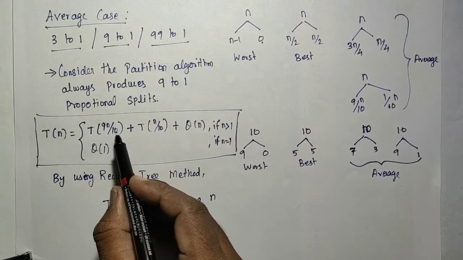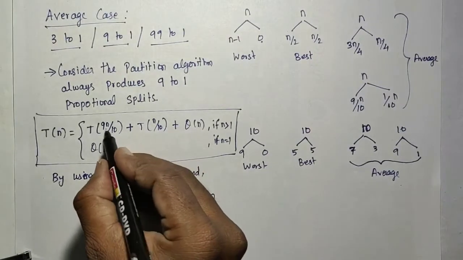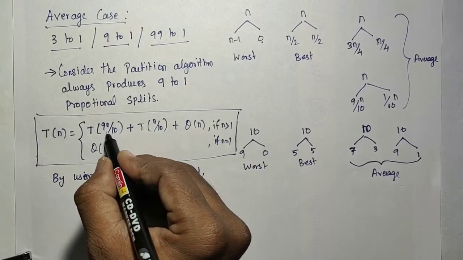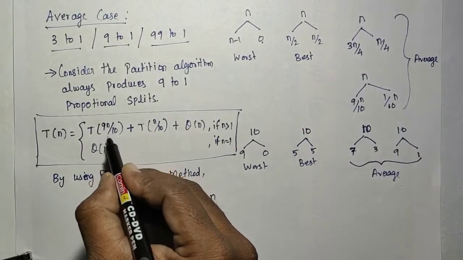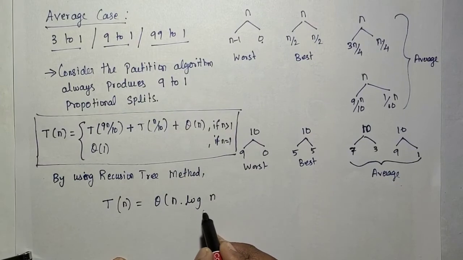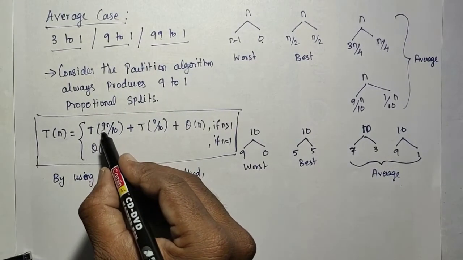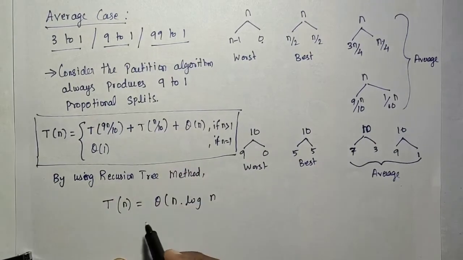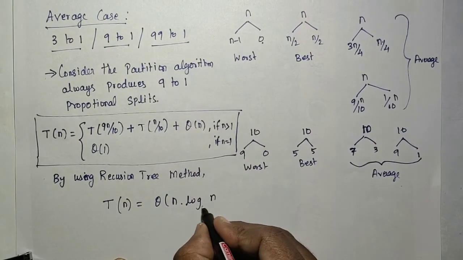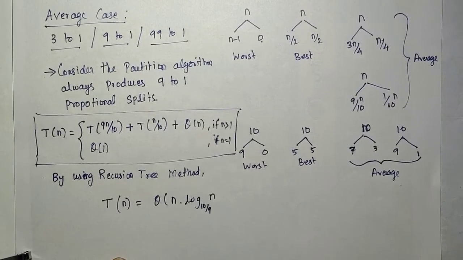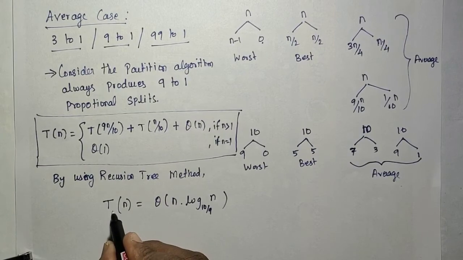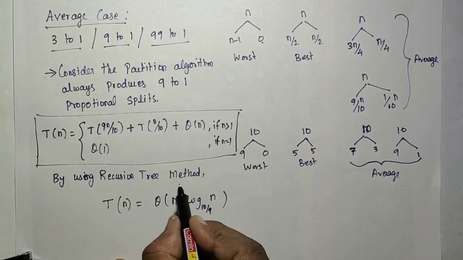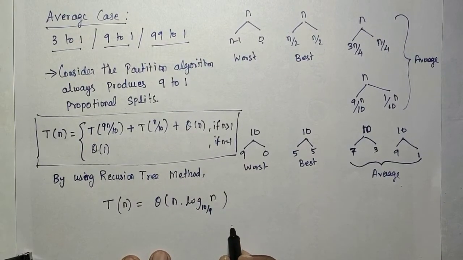Now it is n by 9 by 10, sorry, 10 by 9. So 9n by 10 can be written as n by 10 by 9. Always remember that if T of n divided by 3 it means log n base 3, like that. Now T of n by 10 by 9, so the complexity will be n log n with base 10 by 9. This is actually the complexity of the worst case, sorry, the average case. This is what we obtain using the recursion tree.